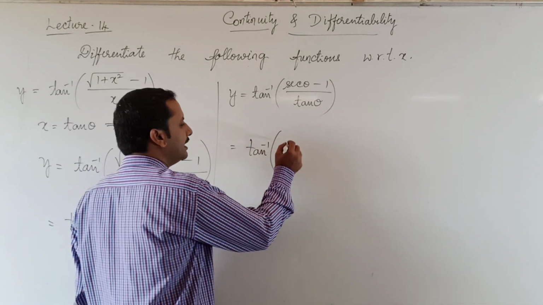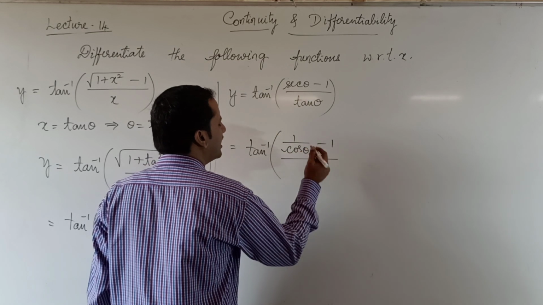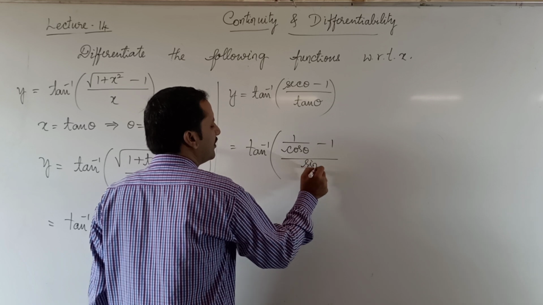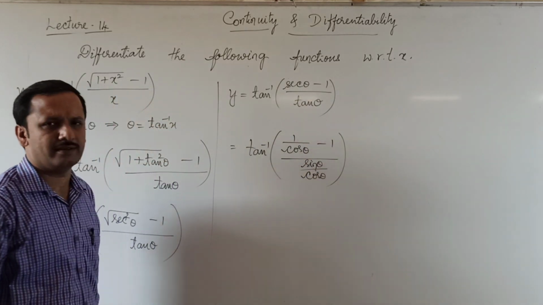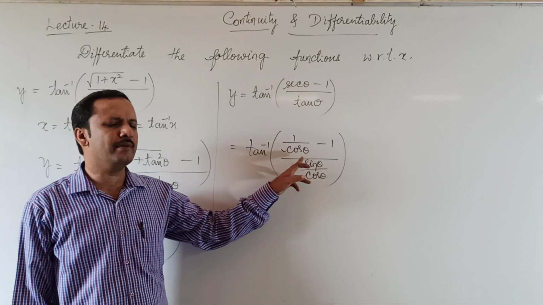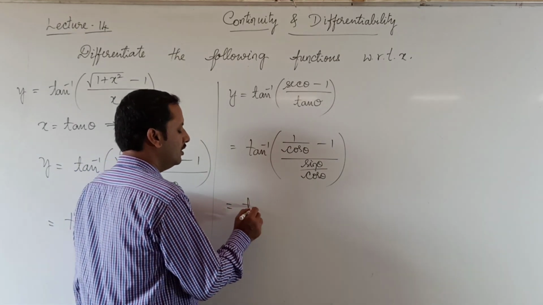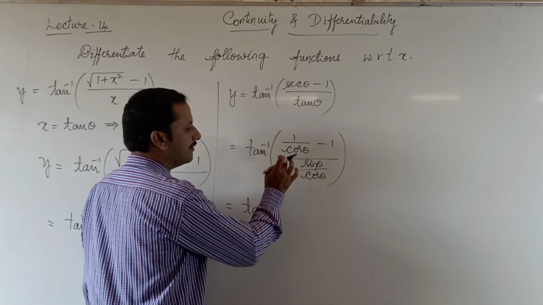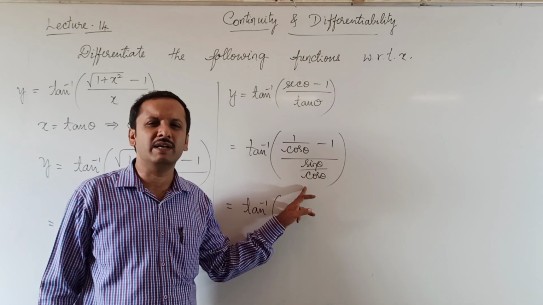That's equal to tan inverse of secant theta, which I will write as 1 by cos theta, minus 1, divided by, in the denominator, tan theta, which I am writing as sin theta by cos theta. Now take the LCM. LCM is cos theta here. So in the numerator you will have 1 minus cos theta divided by cos theta, and in the denominator we have sin theta by cos theta.